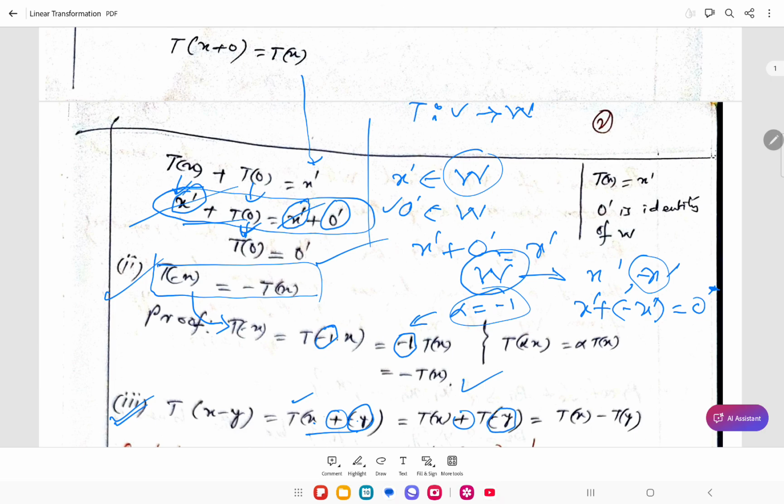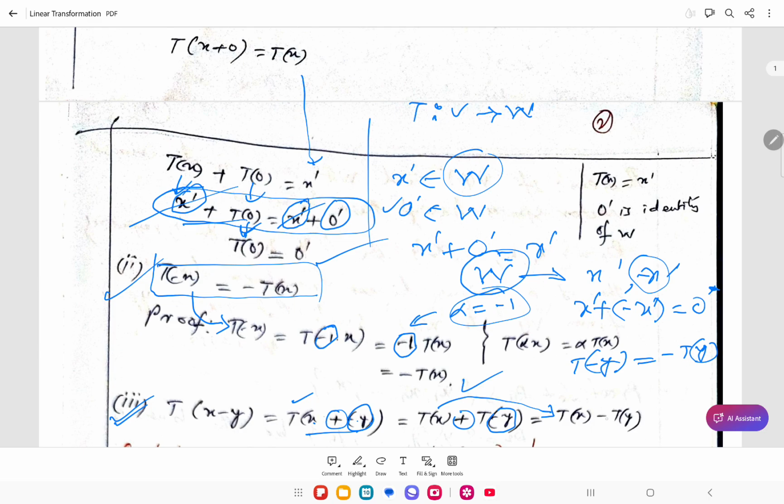This is equal to T of x as it is, and T of minus y will be minus of Ty, as we have seen above.